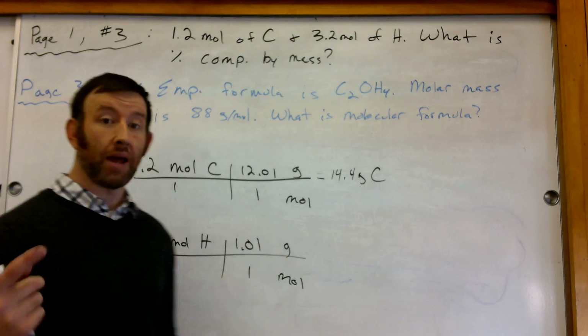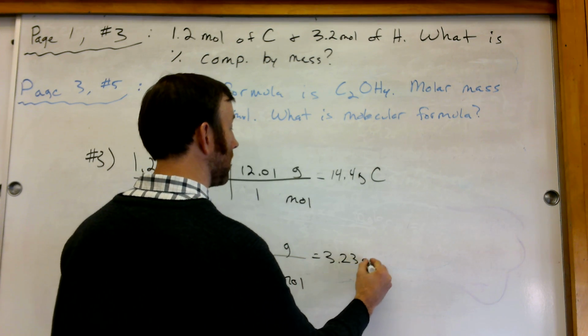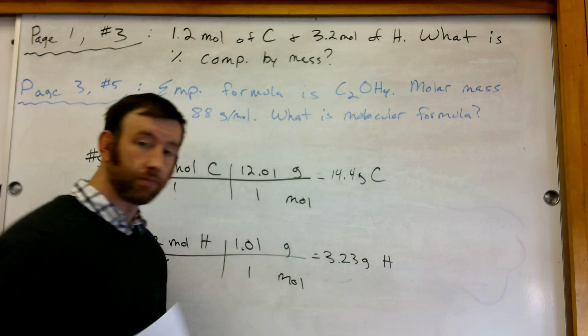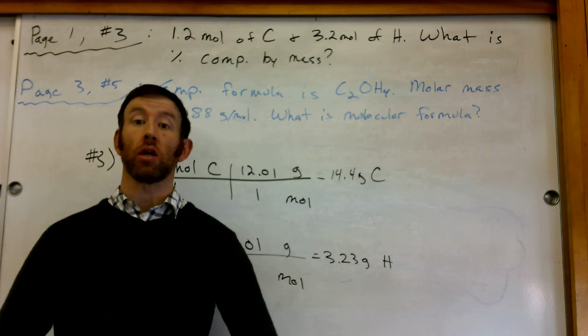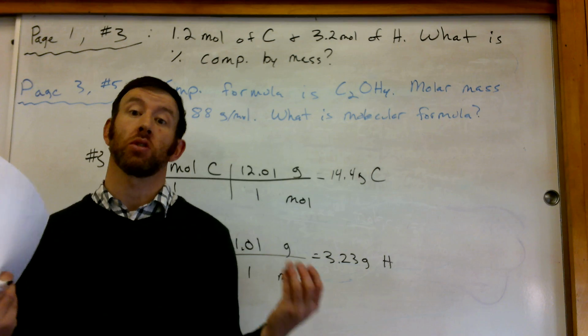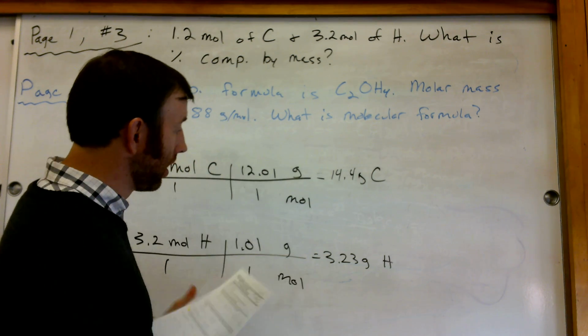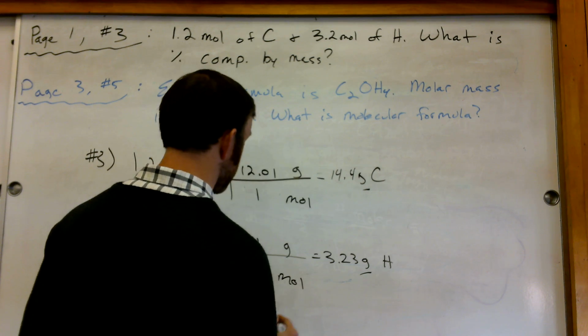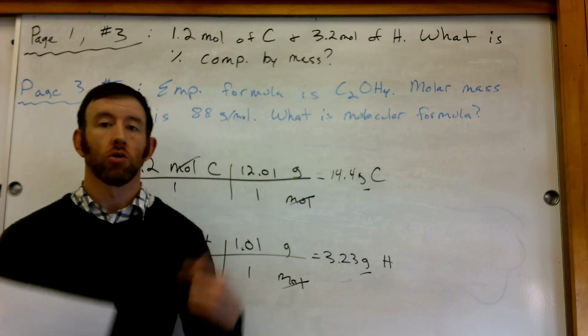I go ahead and I run that calculation out, and I should get 3.23 grams of hydrogen. So now my amounts are in grams, so that I can do a comparative percentage by mass, percent composition by mass. So in grams, go ahead and underline my units there. Cross cancel my moles, because I like doing that.